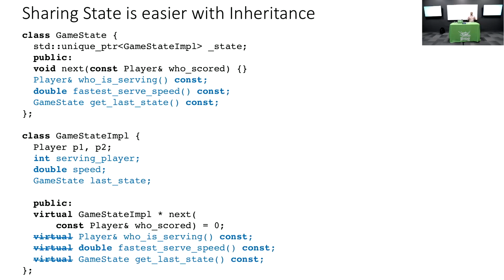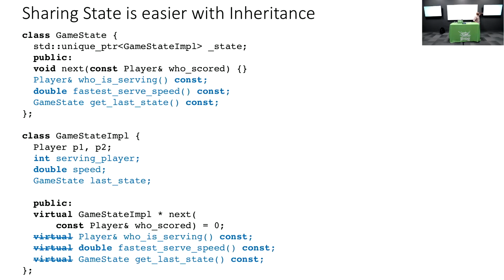This is a state that must be maintained in each game state, and it really doesn't change from one game state to another. Let's imagine fastest serve speed. That also, in a given game, doesn't really change from the game state. So this is something that we can capture easily with game state impl, and because it is inheritance, by definition, the state and the functions as well are inherited into the child classes. So it becomes rather convenient to share state in this fashion.